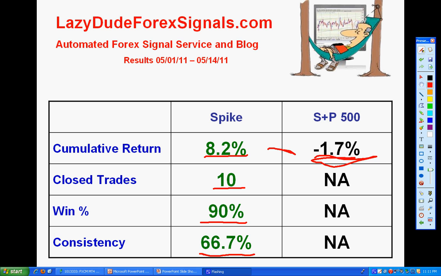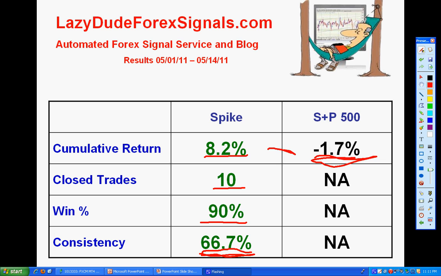And the signaling service that we're working with monitors all of our activity, and they gave us a consistency rating of 66.7%. Personally, I think we should be higher since all we were doing was trading channels on one chart. But the reason why that is a little bit lower is because their algorithm doesn't take into account the value of our risk management and money management strategies.